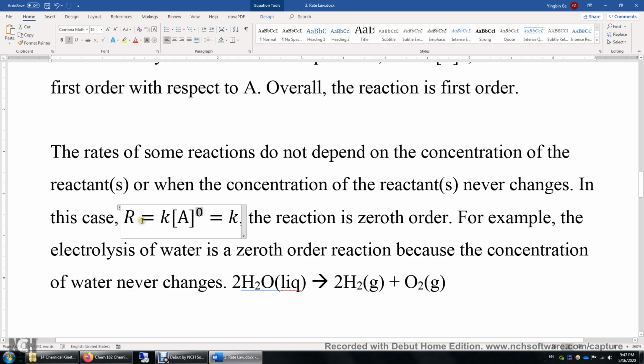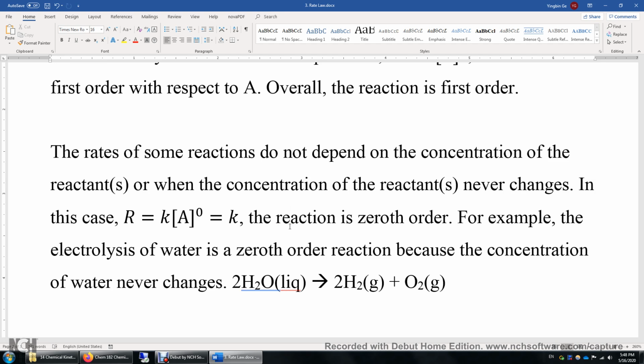So really, R is equal to K. The reaction rate is equal to the reaction rate constant. Again, you can say it's the reaction rate constant times the concentration of the reactant to the power of 0. But again, anything to the power of 0 is 1. Therefore, R is equal to K. In this case, this reaction is 0th order.